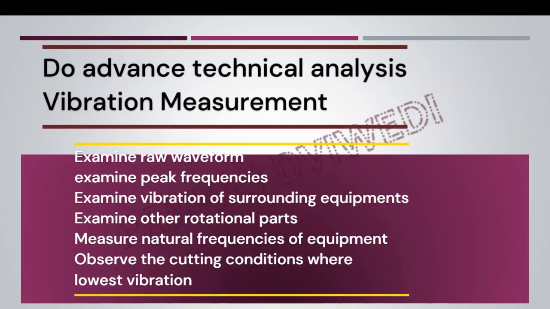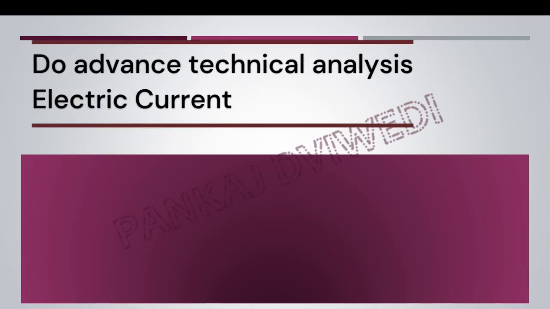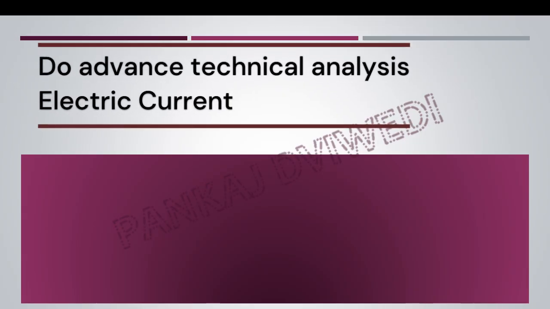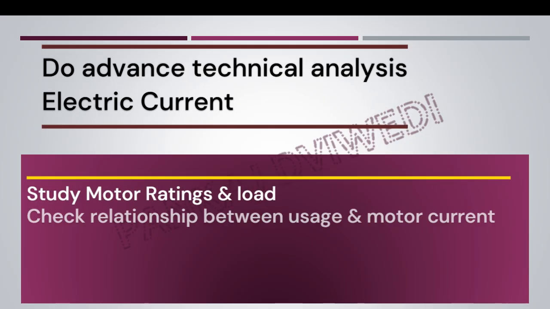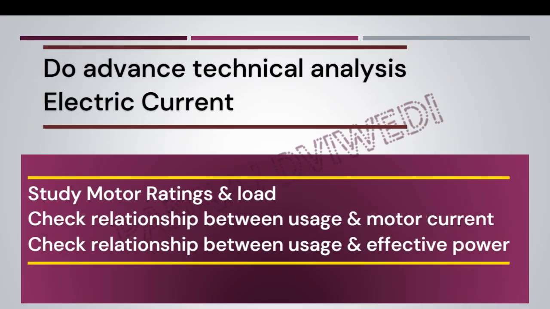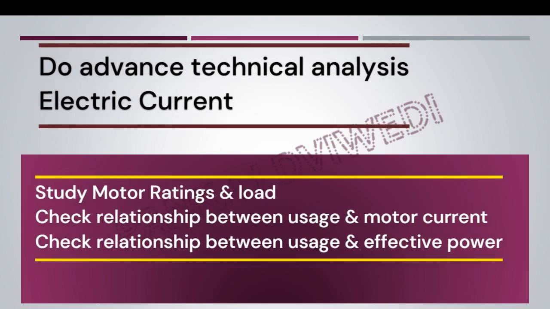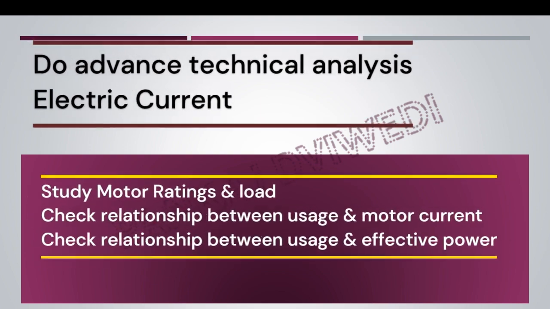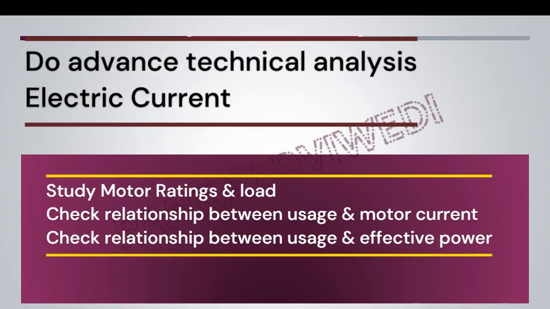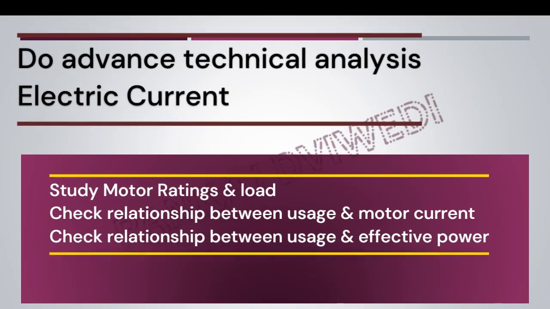And the next step is to do technical analysis of electric current. Study the motor rating and its load for the spindle motor, and then check the pattern of increase of current with respect to usage of the tool, that is the number of parts being made by a tool.